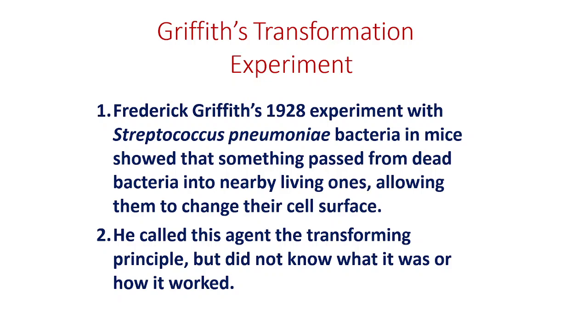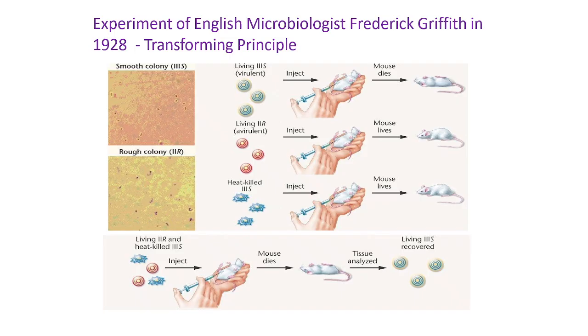It was long back, this Griffith's experiment. What he basically did was he took the living or virulent bacterial strain, injected it in the mice, and what happens? You have a virulent strain of bacteria, you inject it in the mice, it dies, right?